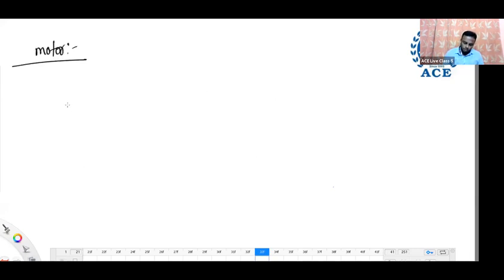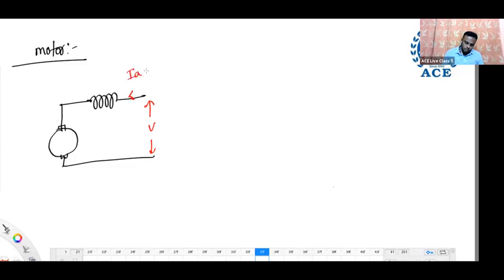Only the second figure I am drawing, with the field winding in series with the armature. The current is reversed. The motor will take the current IA equals ISC equals IL, through RSC and RA.